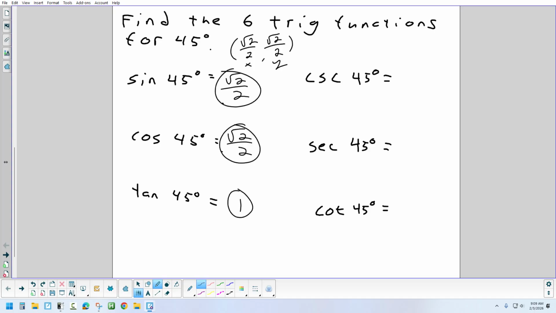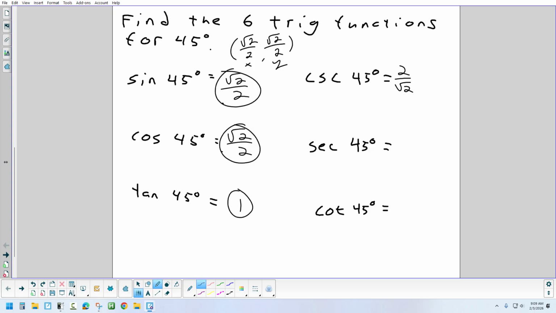Now, once we have the 3 that are on the left, what do we do to get the 3 on the right? Great. You just take each one of these, and we're going to flip them. Okay. So what would be our first step to get the cosecant of 45? Flip it and multiply by square root 2 over 2. Okay, so we're going to flip it.